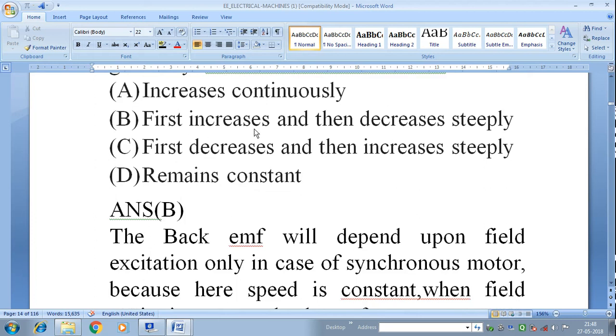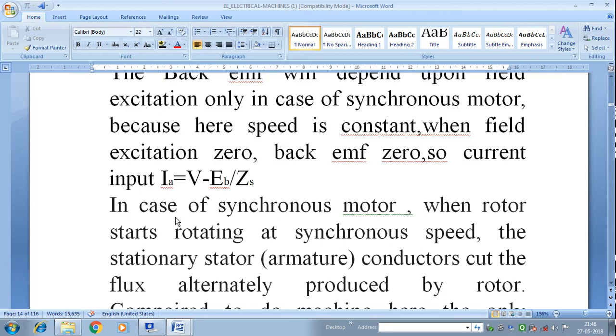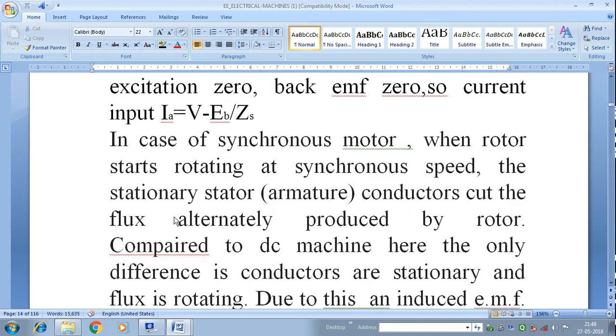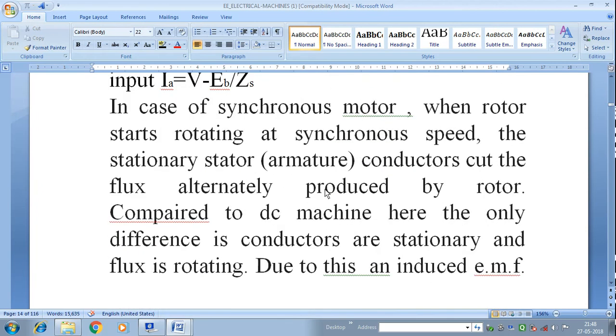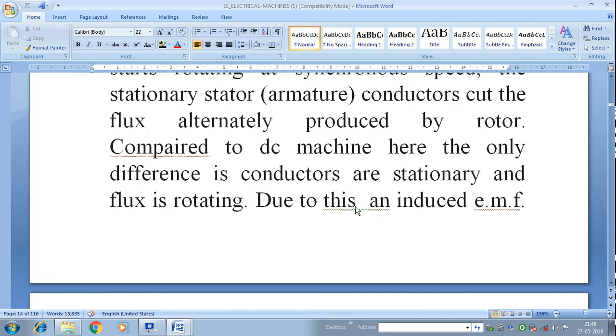So first increases, then decreases steeply. Answer B is correct. So this is the definition of back EMF in case of synchronous motor.